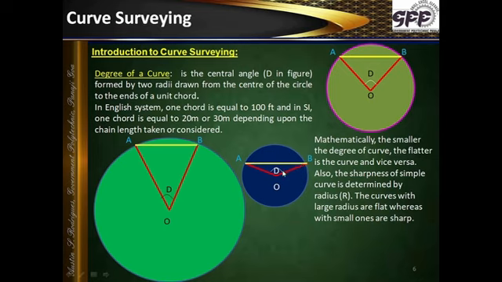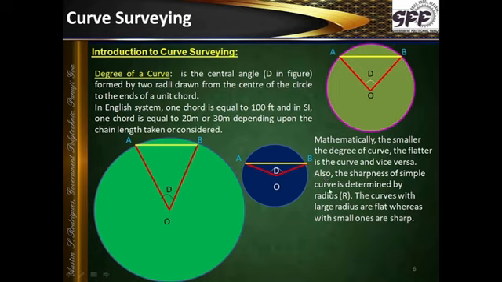That means as the degree goes on increasing, the curve becomes more and more sharp, and as the degree goes on decreasing, the curve becomes more and more flat. So mathematically, the smaller the degree of the curve, the flatter it is, and the greater the degree of the curve, the sharper it is.